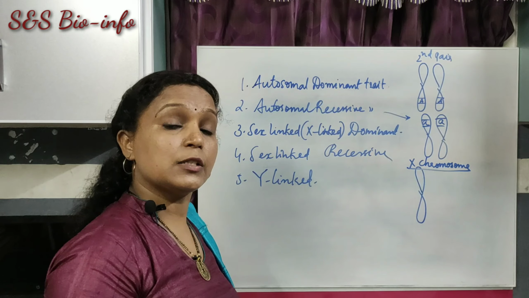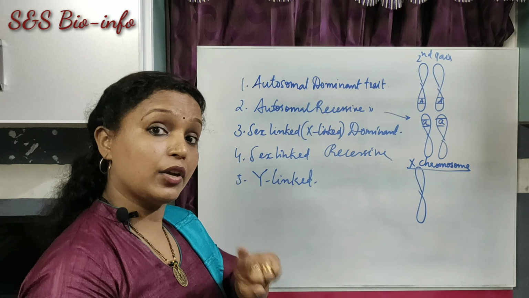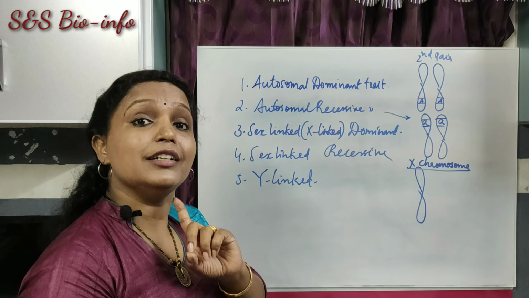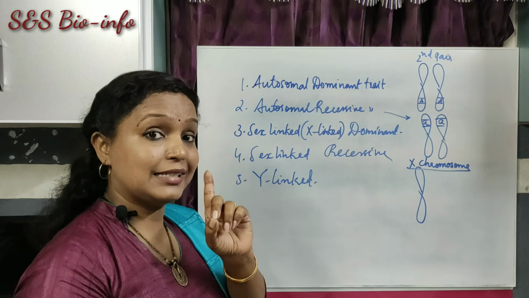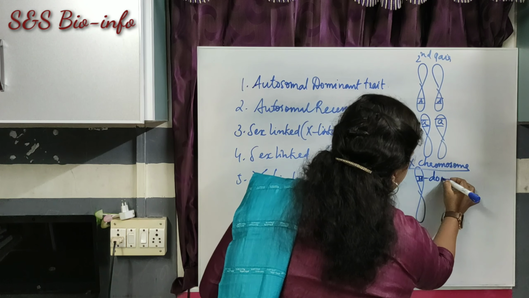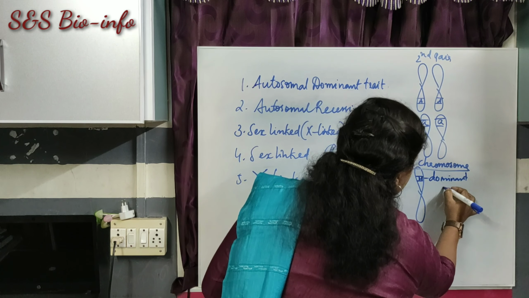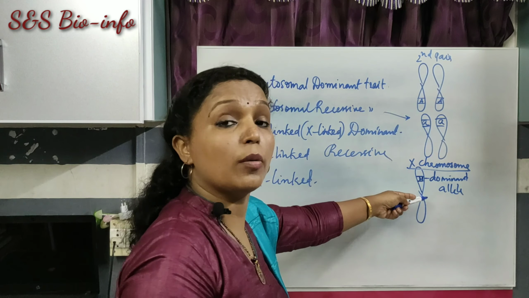The allele that is responsible for the disease is located only in the X chromosome, so it is known as sex-linked or X-linked disorder. Sex-linked dominant means the dominant allele is responsible for that particular sex-linked disorder or trait. Suppose this is capital H for a dominant allele. Mutation of this dominant allele may cause the dominant sex-linked disorder in that person.